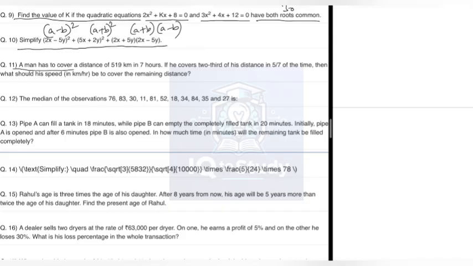A man has to cover a distance of 519 kilometers in 7 hours. If he covers 2/3 of his distance in 5/7 of the time, then what should his speed be to cover the remaining distance?